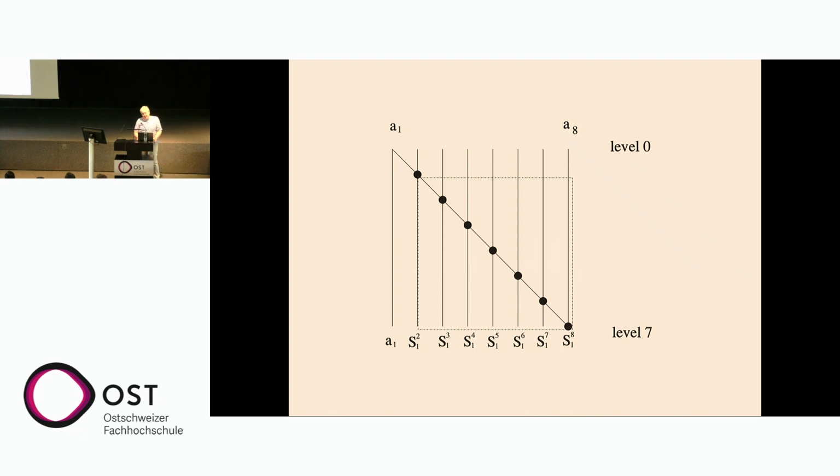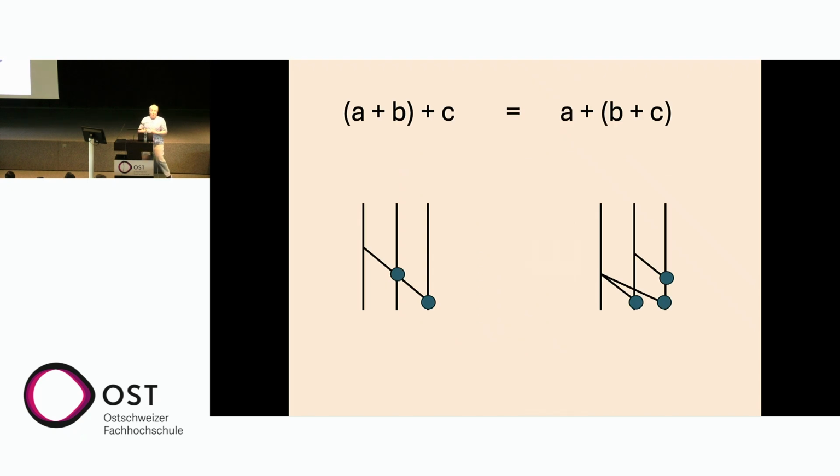And you might think, okay, that wasn't a very interesting circuit. But if we know something about the plus, for example, that it is associative, then we can begin to play some tricks. So the circuit on the left does A plus B first, and the circuit on the right does B plus C first, but then it has to fix up the output to get a 3-input prefix.